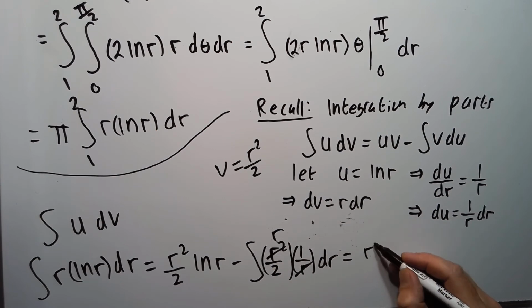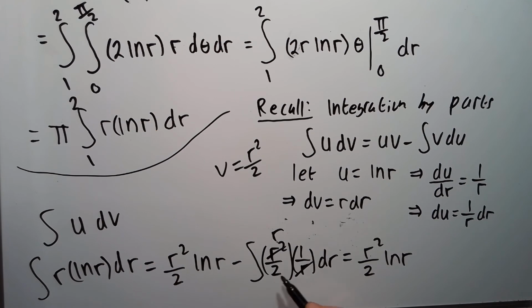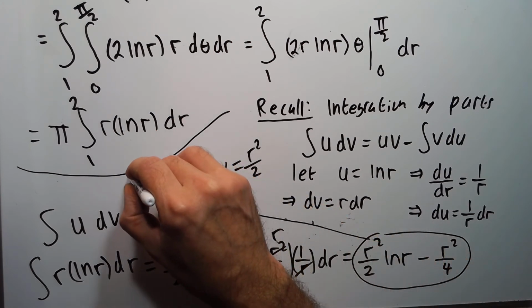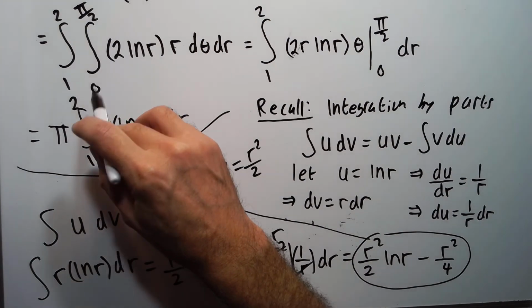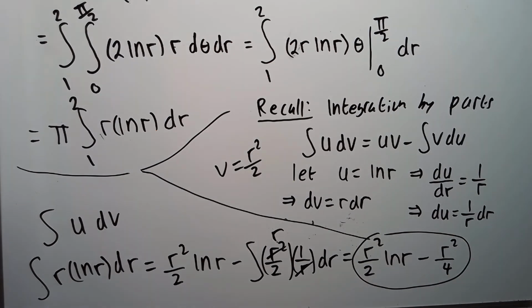Then integrating this, it'll be the integral of r over 2, so minus r squared over 4, because the 2 is there already. After I integrate, I'll do the limit on it then.